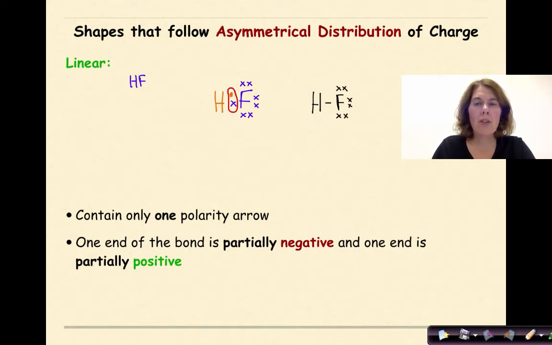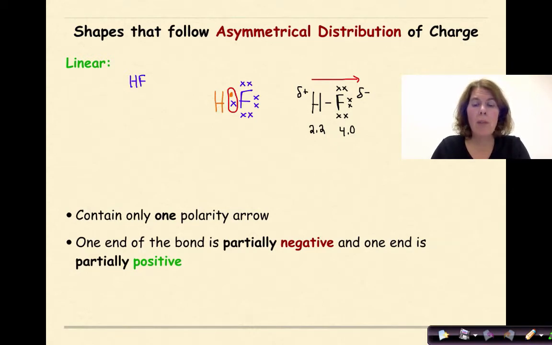We know the hydrogen is 2.2 electronegativity, the fluorine is 4.0, so therefore the hydrogen is going to have a slightly positive charge and the fluorine is going to have a slightly negative charge. This means when we draw our polarity arrow, it's going to go from the hydrogen to the fluorine. Therefore, there is one arrow and one arrow only, which means it's definitely an asymmetrical distribution of charge.